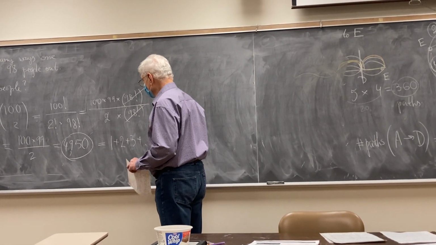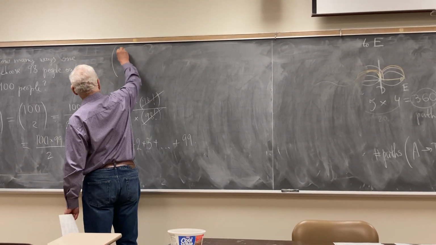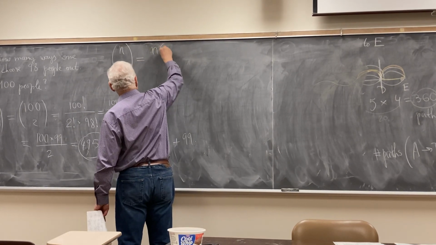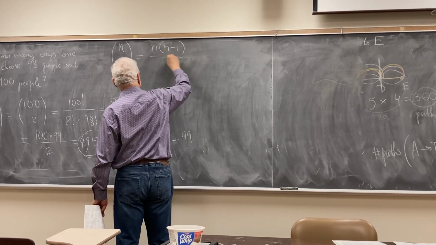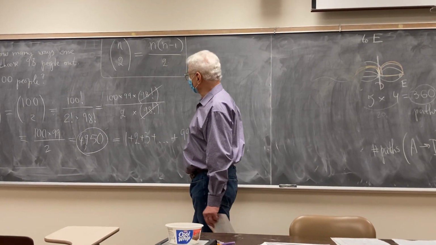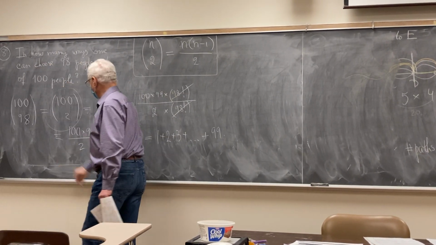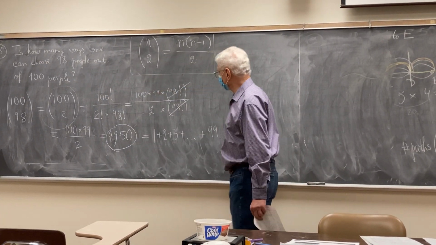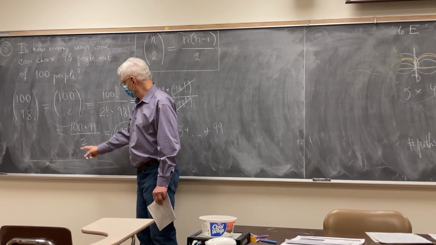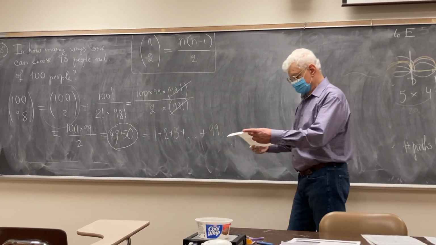So remember, let me write down: n choose 2 is nothing but n times n minus 1 divided by 2. This is a generalization. So 100 choose 2, and this is the same as choosing 98 people: 100 times 99 divided by 2.